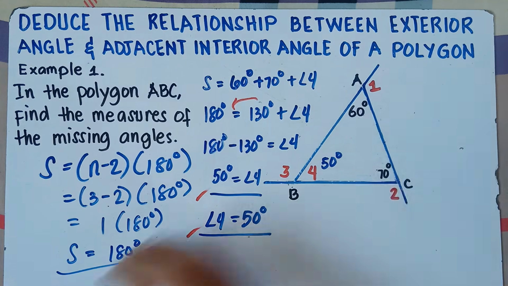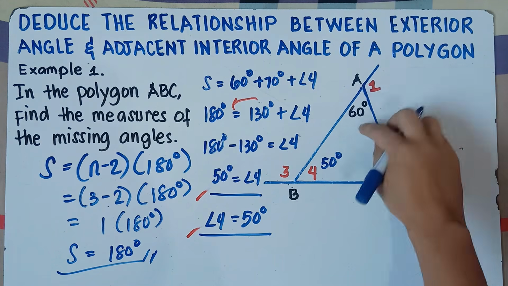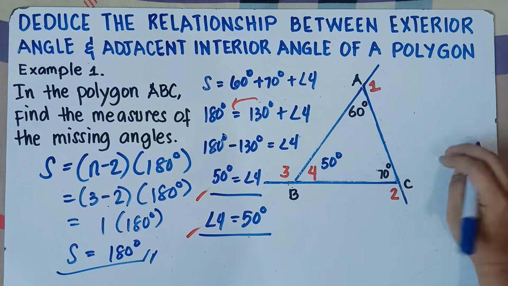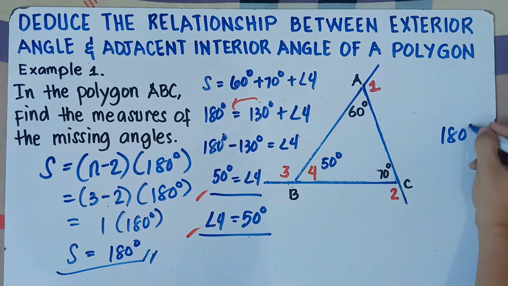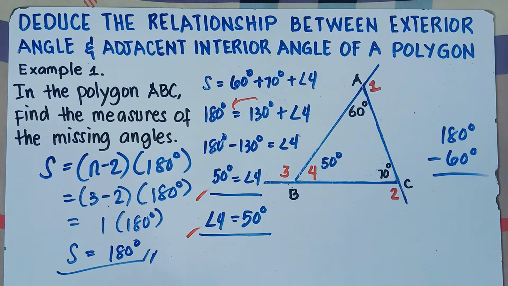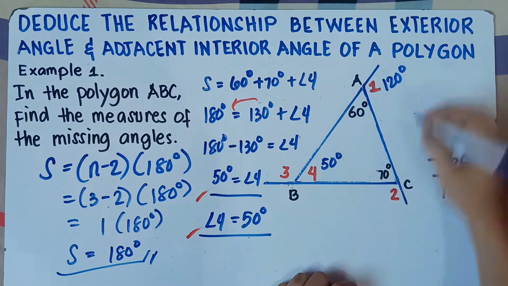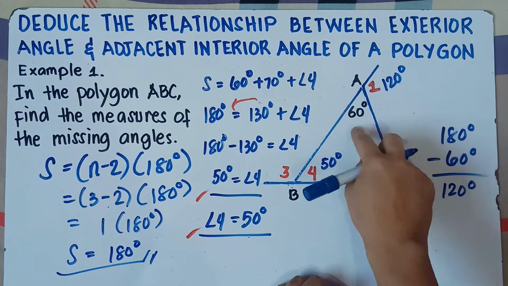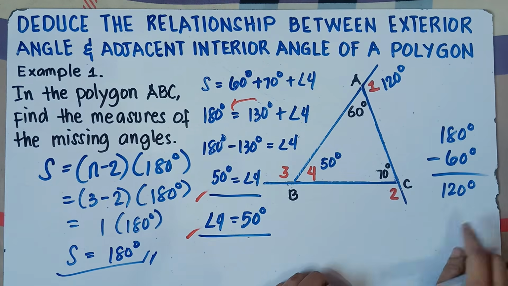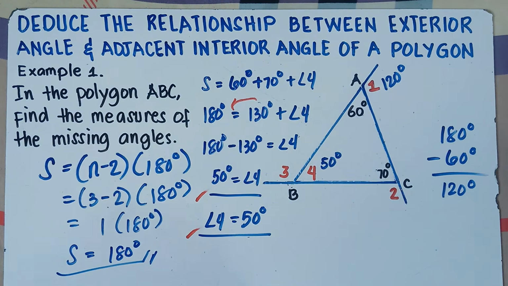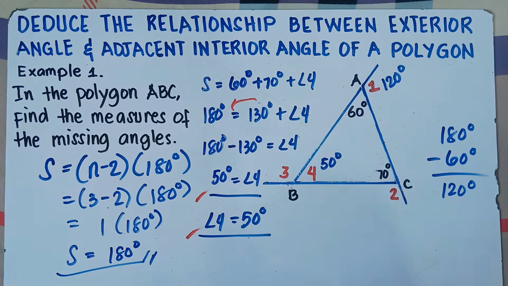Therefore, to get angle 1, we use 180 degrees minus 60 degrees. So angle 1 is 120 degrees, because 60 plus 120 is 180 degrees. Easy, right? For angle 1.